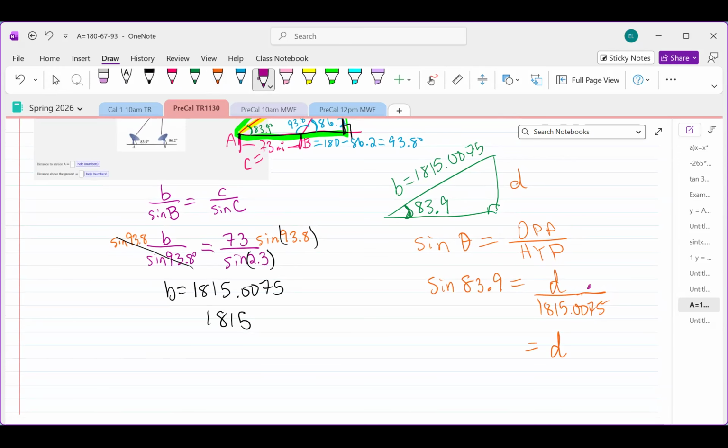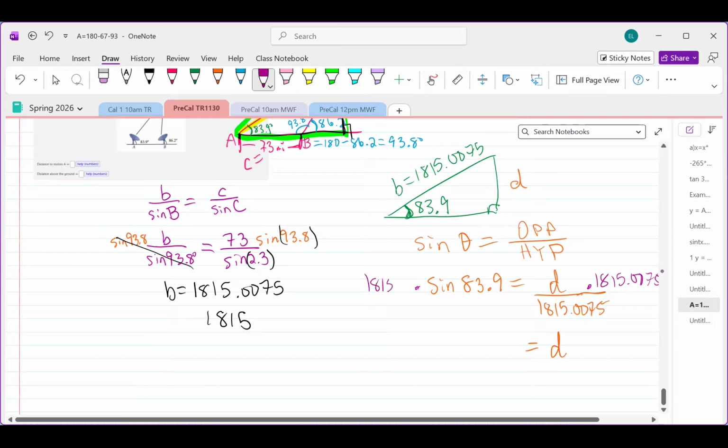To get D by itself, we multiply by the ridiculous number, which is still in my calculator. So I'm just going to put times the sine of 83.9. And I get 1,804.73 and so on. So nearest mile for me would be 1805.